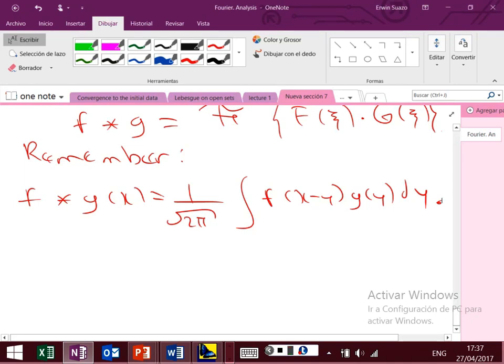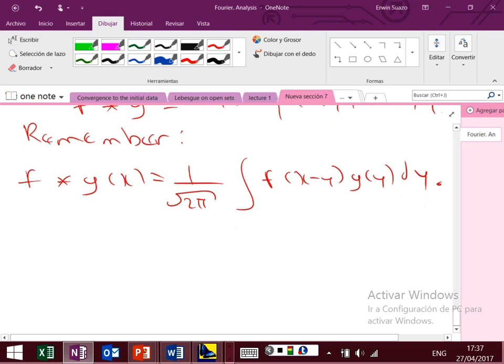So what the Fourier inversion theorem says is that you take the Fourier transform and then you take the inverse Fourier transform, and you recover a function equivalent to the one you started with, but not the same. But they are almost everywhere the same. Okay.